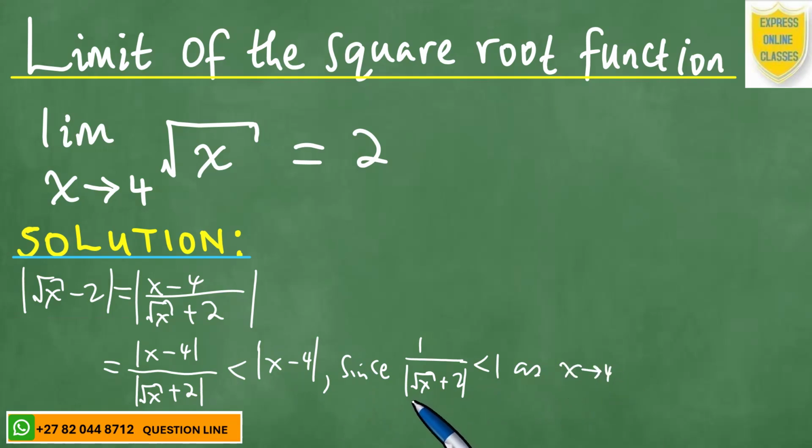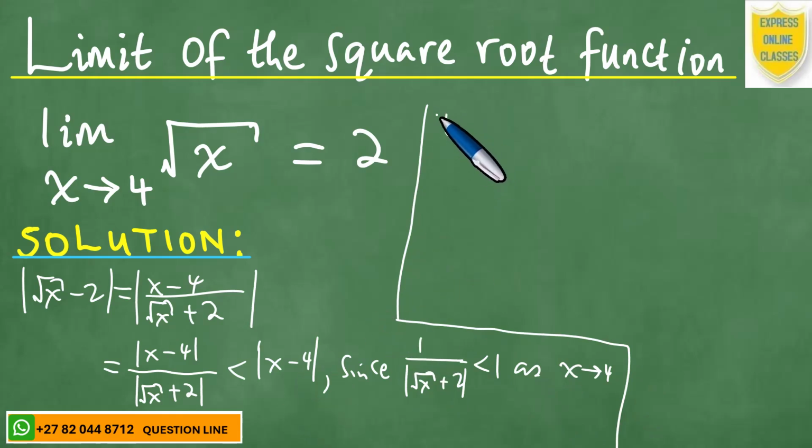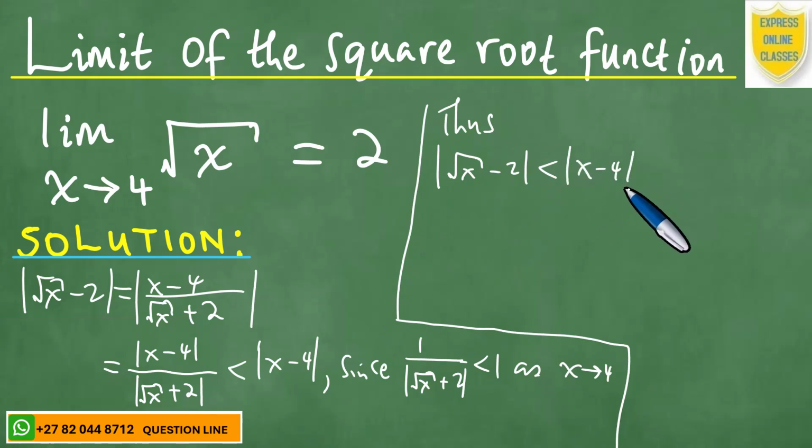At most, for instance at 4, you have 1 over 2 plus 2, which is 1/4, smaller than 1. Thus, the absolute value of the square root of x minus 2 is smaller than the absolute value of x minus 4, which is smaller than epsilon.